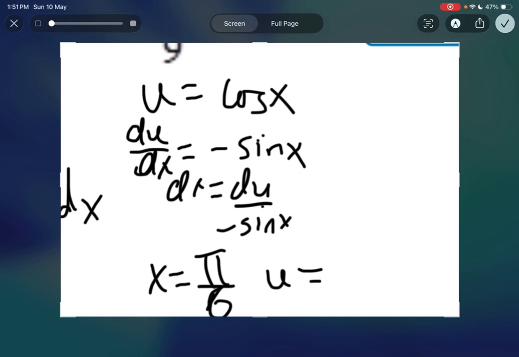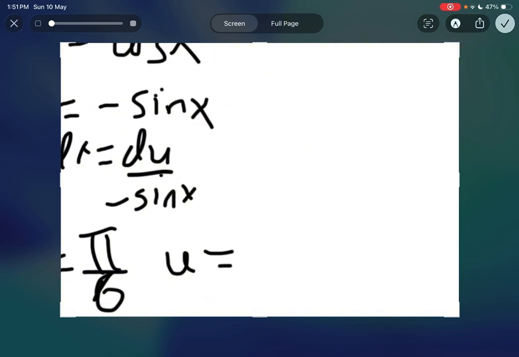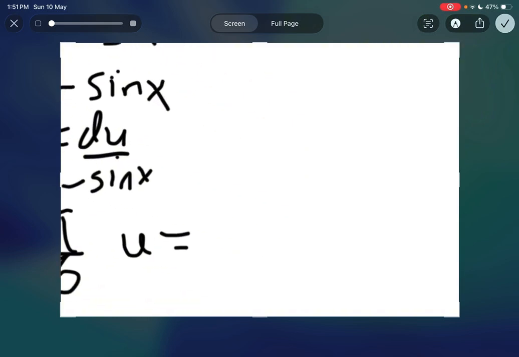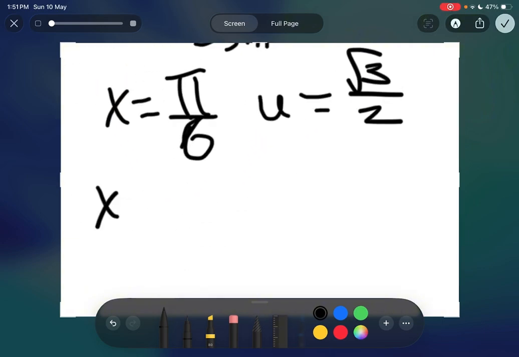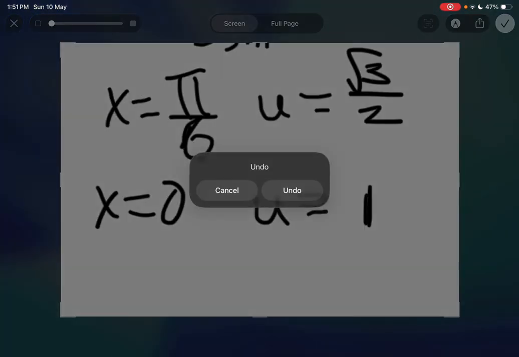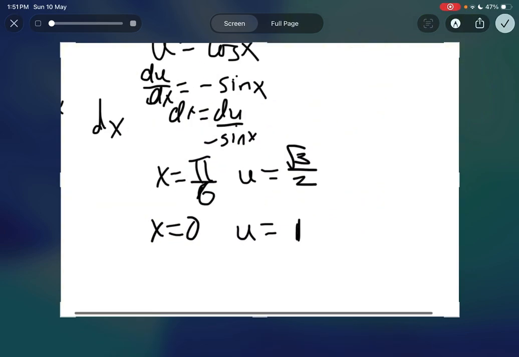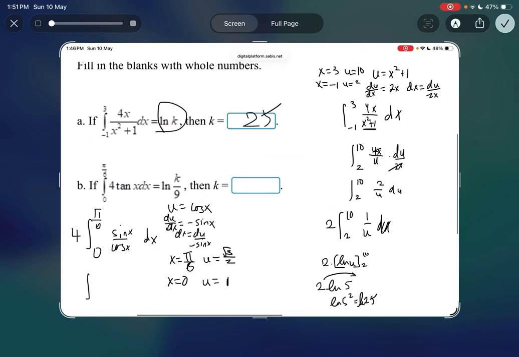Cosine of 180 over 6, because you replace x there, so u becomes radical 3 over 2, because you know that 180 over 6 is 30, and cosine of 30 is radical 3 over 2. And for x equals 0, cosine of 0 is 1, so it becomes 1. Okay, you found the new points, radical 3 over 2 and 1.